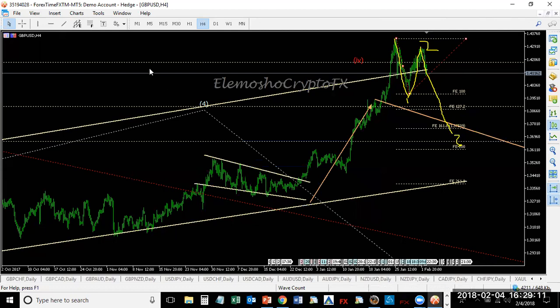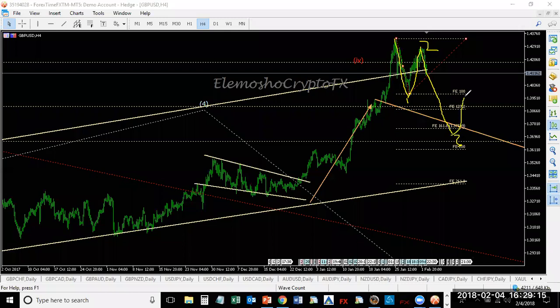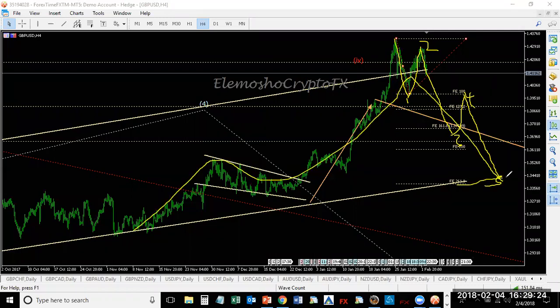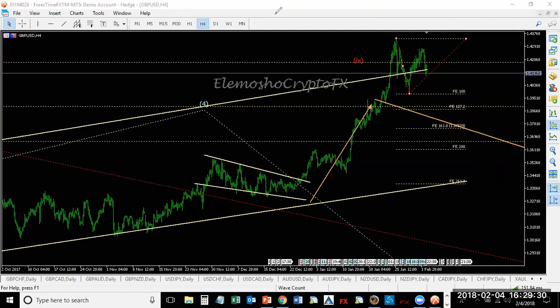So you can now have something that looks like the 1, 2, 3, then a retracement 4, then the final move 5. That will complete this structure right here. Then you can now expect some consolidation around here for price to go lower based on what we have already identified on the higher time frame.